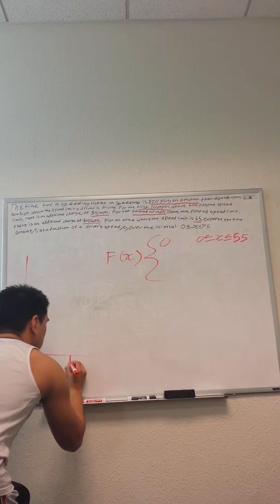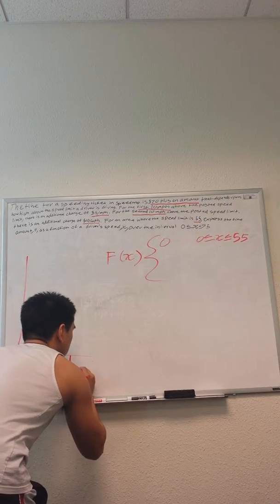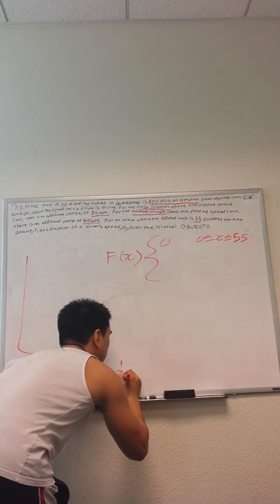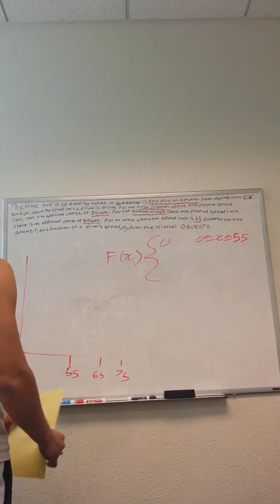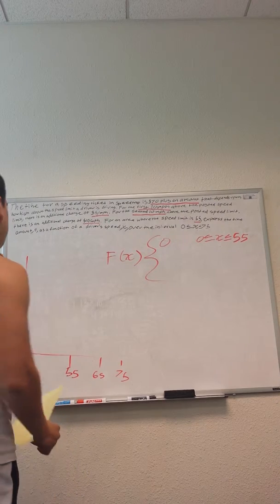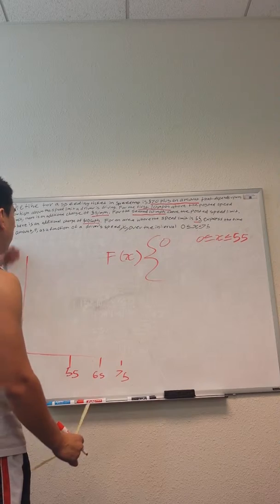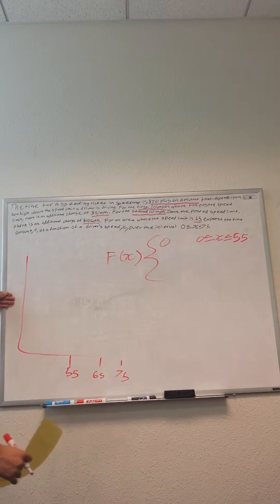This is the graph that we'll be using. 55, 65, 75, representing the 10 miles per hour increments that we have between our fines. This will be the amount of fines that we have.